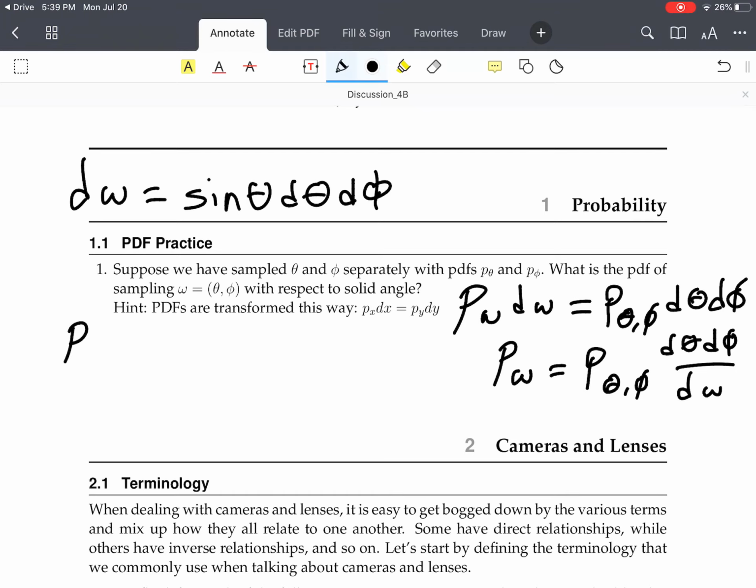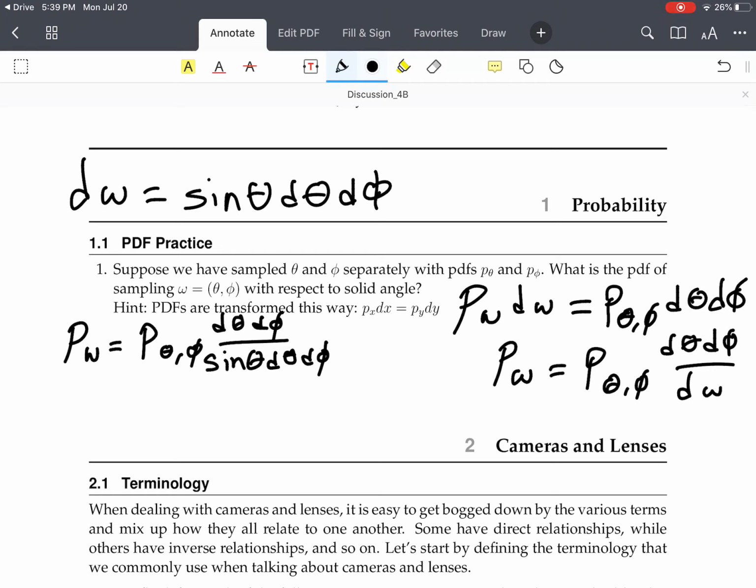So we can go p omega is equal to p theta phi d theta d phi over sine theta d theta d phi, right?